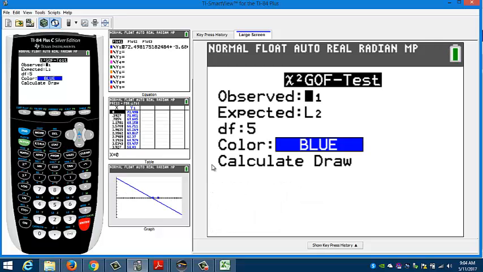Okay, let me make sure I have things in the right list. Observed, list 1, is that right? Yeah, we put the actual games in list 1, and we did put the expected in list 2. DF stands for degrees of freedom. So what are we going to do for degrees of freedom? Well, once again, remember n minus 1?